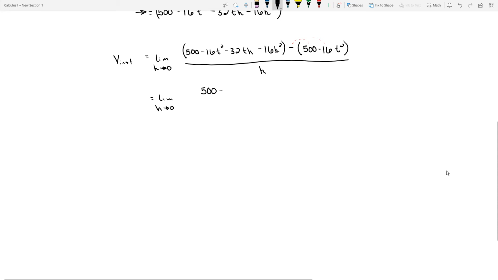I can do algebra, but basic math gets me every time. So 500 minus 16t squared minus 32th minus 16h squared. And we carry that through for a negative 500 plus 16t squared. And now we can combine like terms. So plus 500 minus 500, those are now 0. We have a negative 16t squared and a positive 16t squared. So those are now 0. And this, of course, is over h.